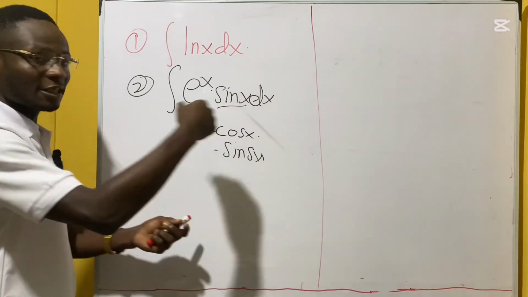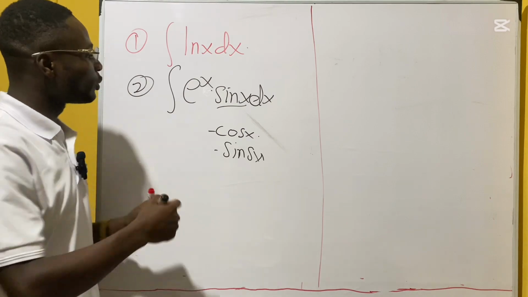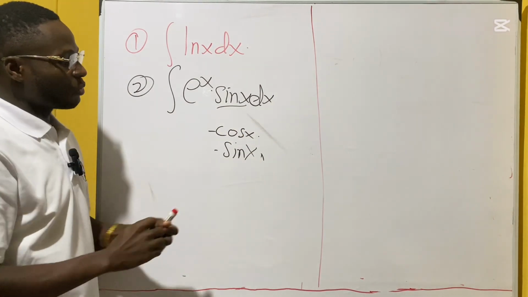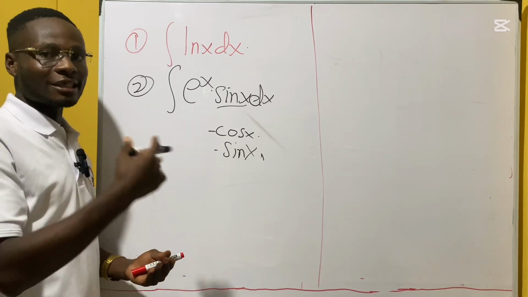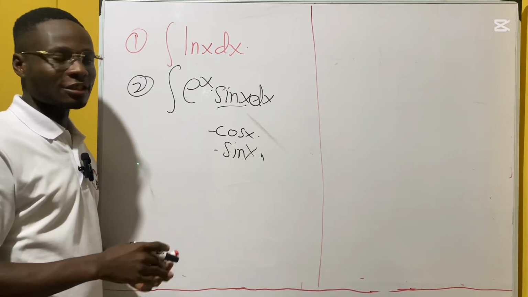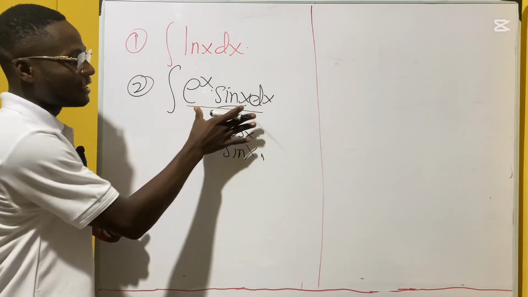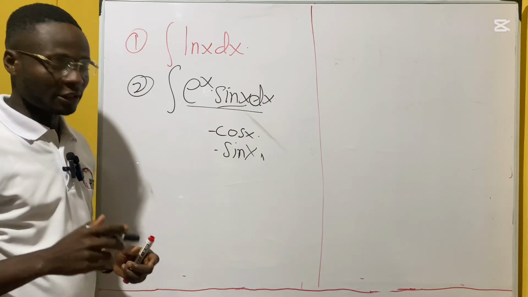Of course, it keeps on, so we call it cyclic. When you keep on integrating, you keep on having sine x, cos x, sine x, cos x. So a function that is in this form, we don't use the tabular method.